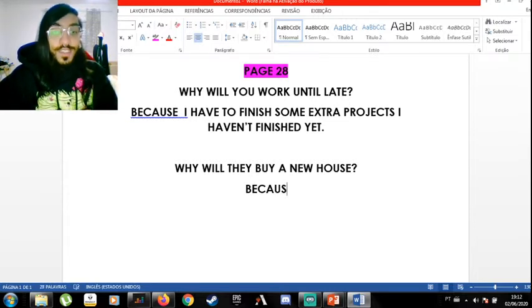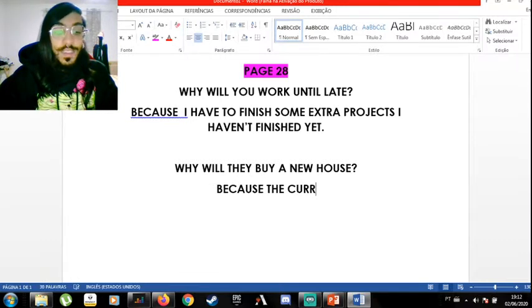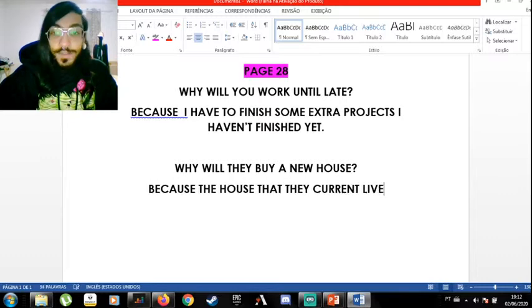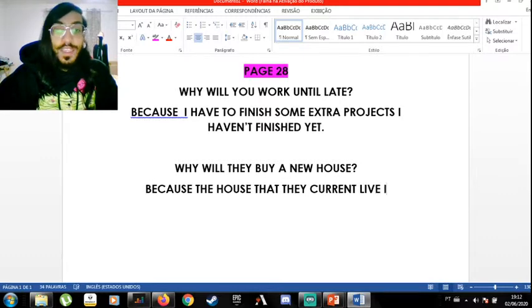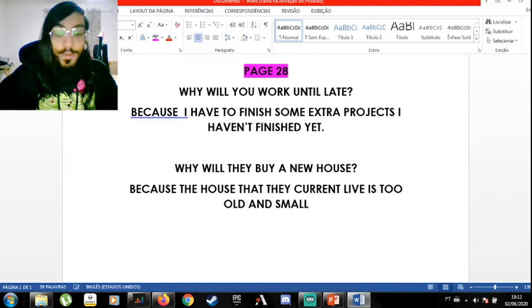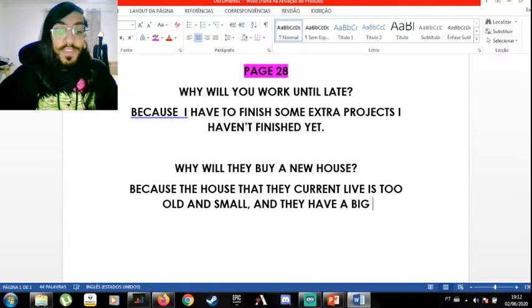So because the house that they currently live in is too old and small, and they have a big family.